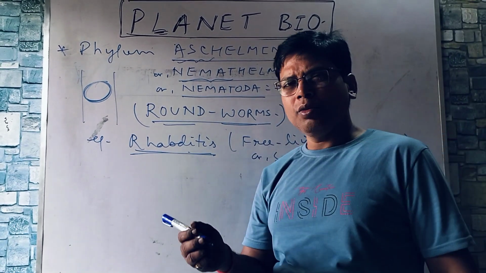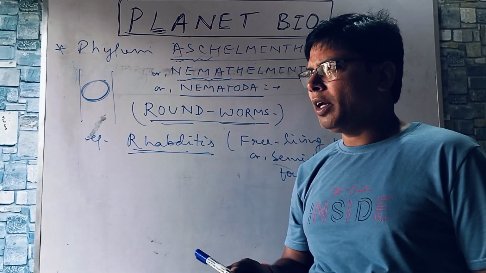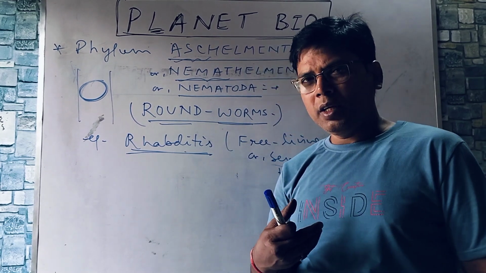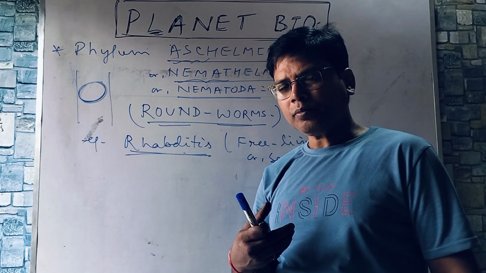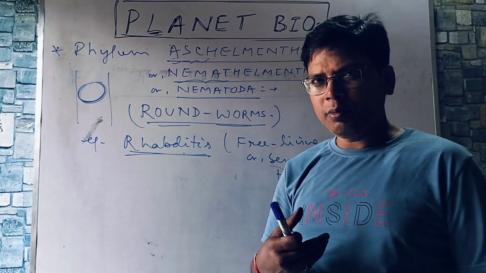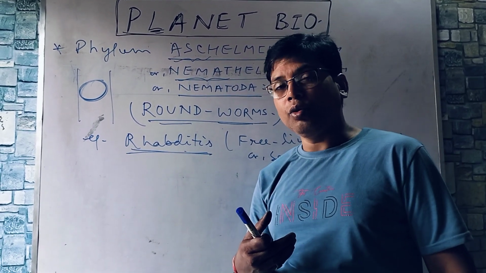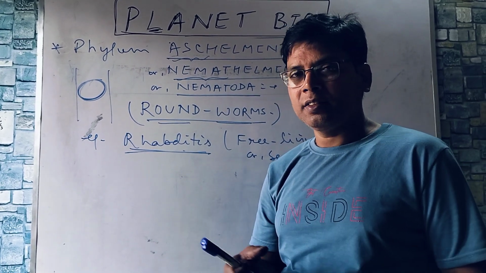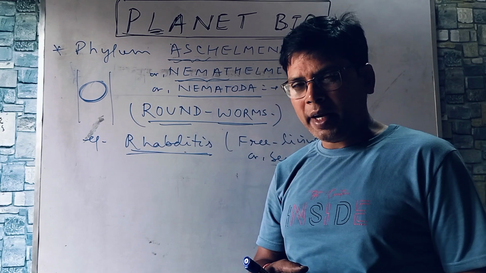And sometimes you see that most people say that roundworms are found inside the body of humans or animals only. No, it also infects, or you can say infests, the plant also.